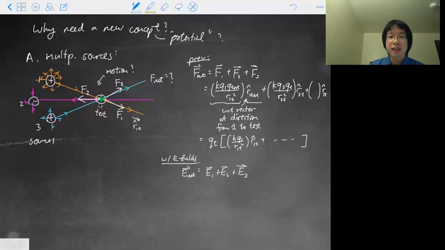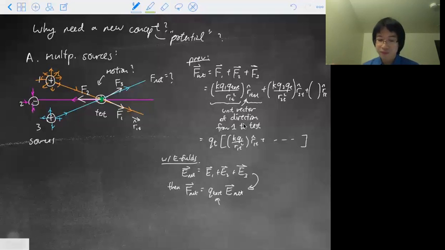So you just add the electric fields instead of electric forces in these directions. Once you have this though, it's much more efficient because now to find the F net, you just do Q test times E net of all the sources, right? So once you find this, you can plug in any test charge you like. Okay, all right. So that is why we care about electric fields.